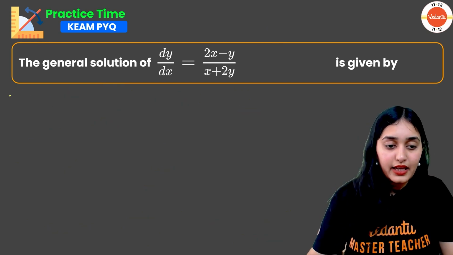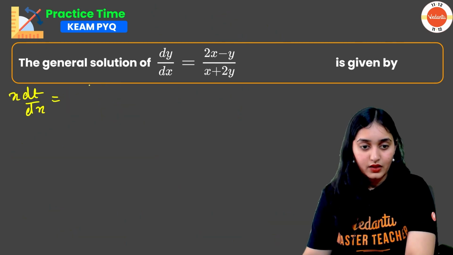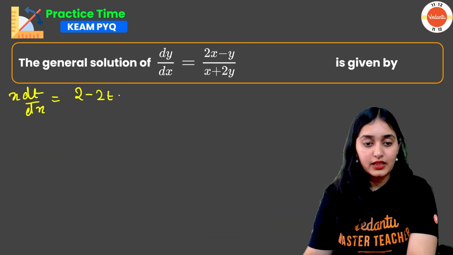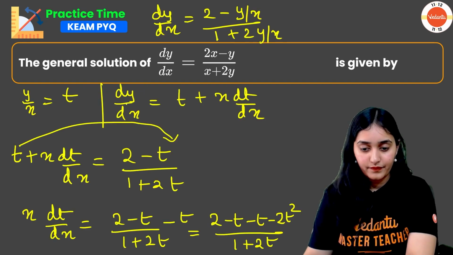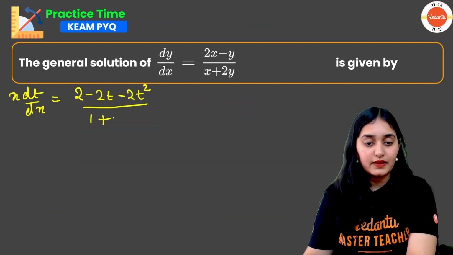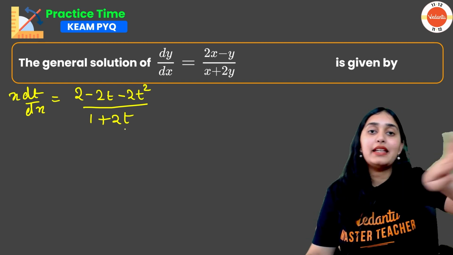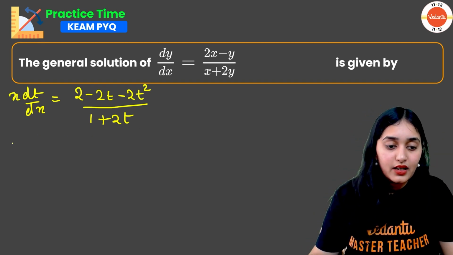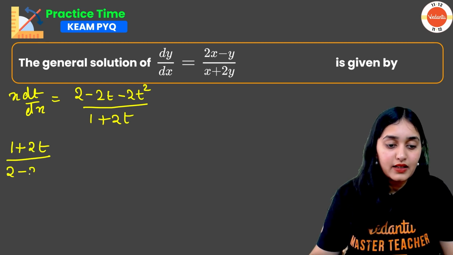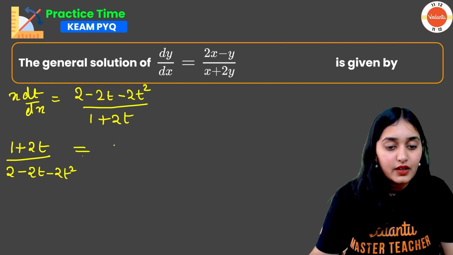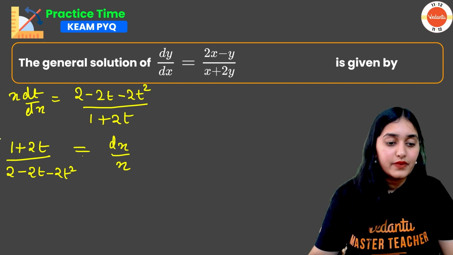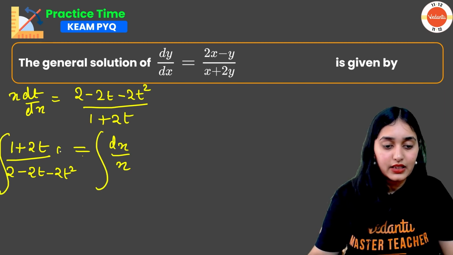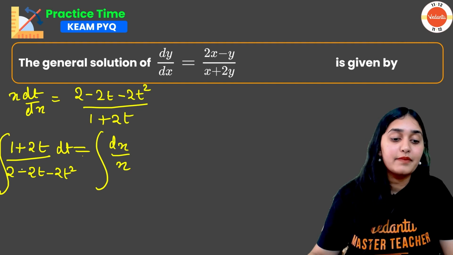So you have x into dt by dx is equal to 2 minus 2t minus 2t square upon 1 plus 2t. Just separate t and x. So you get 1 plus 2t upon 2 minus 2t minus 2t square is equal to dx upon x. Integrate it with respect to dt, with respect to dx.